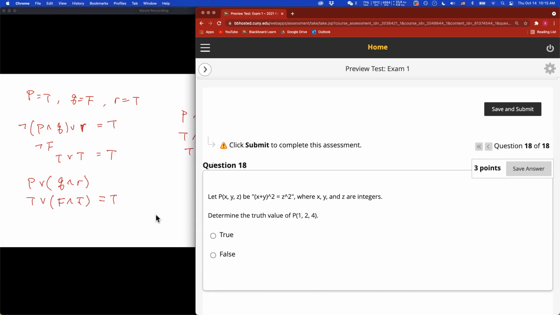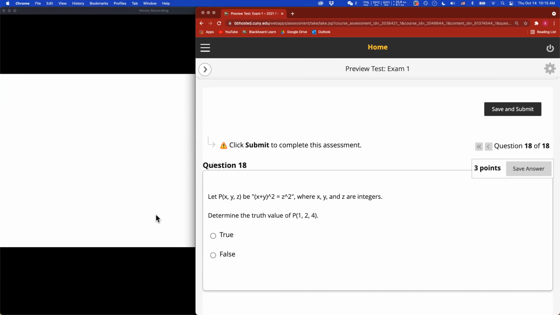Okay, and here it asks you to determine the truth value for the propositional function P(x, y, z), which is defined as x plus y squared equals z squared.